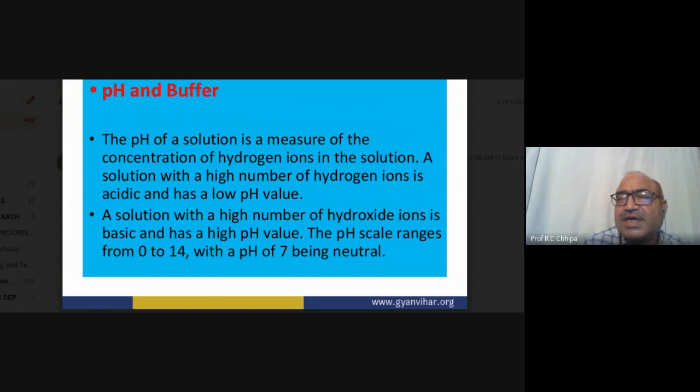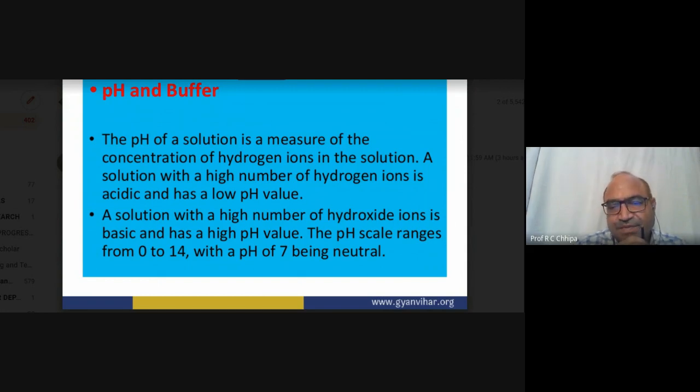If hydrogen ions are more, then pH is lower. pH is inversely proportional. If pH is 1, then that solution will be a strong acid.